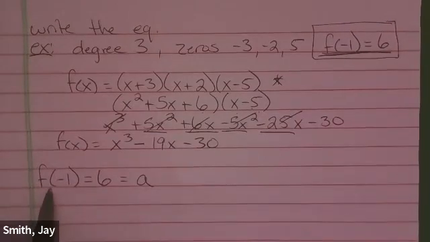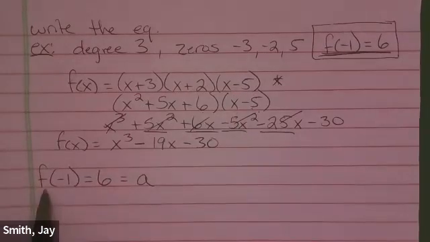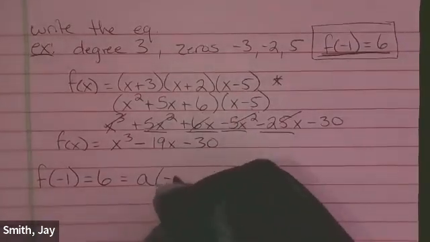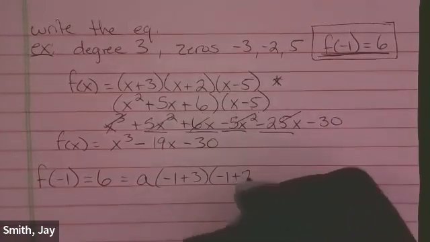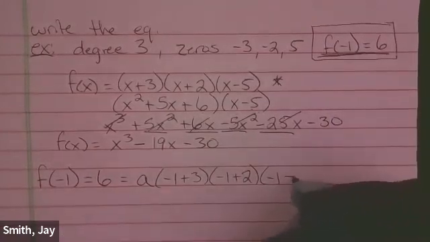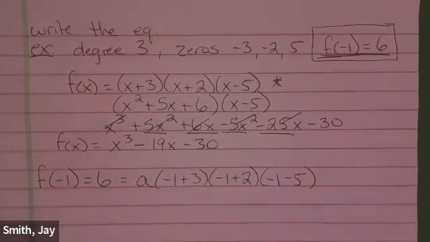So remember, if f of x is x plus 3 times x plus 2 times x minus 5, f of negative 1 will be negative 1 plus 3 times negative 1 plus 2 times negative 1 minus 5. Now we're replacing every x in f of x with negative 1.